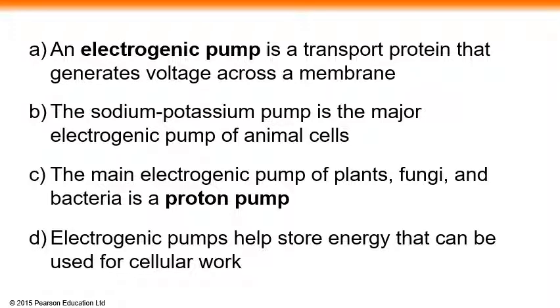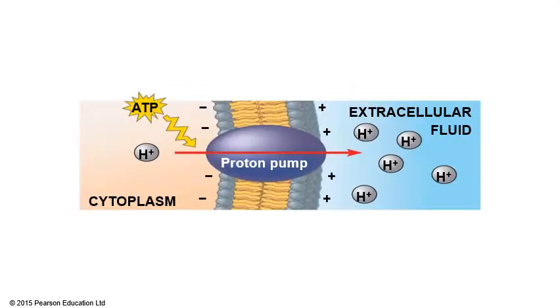Electrogenic pumps help store energy that can be used for cellular work. This one is showing a proton pump pumping out H plus ions, spending ATP.